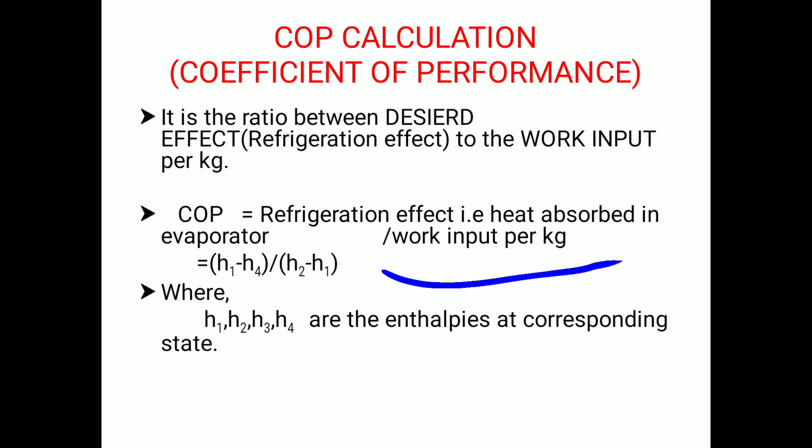The ratio between these two is called COP, the coefficient of performance, and we already know its significance from the first unit. H1, H2, H3, H4 are the enthalpies at the corresponding states in the TS diagram. If you are able to find the enthalpies at all points, it will be very useful to calculate COP.